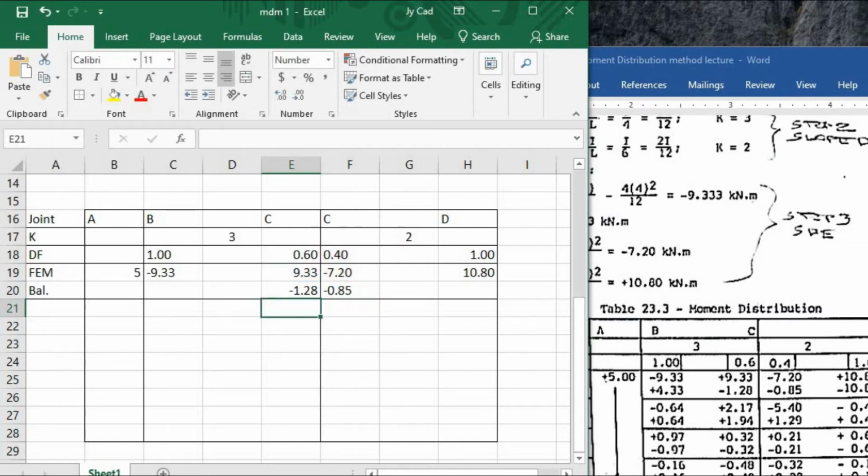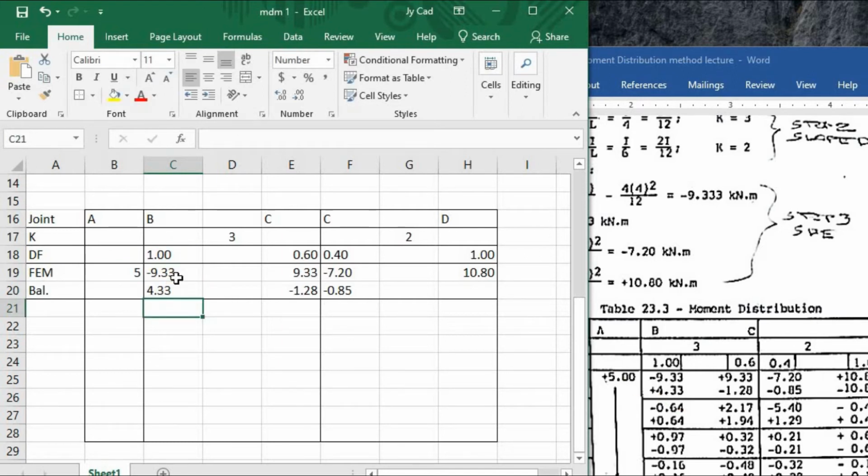Next, dito naman, that would be equal to negative times the quantity of 5 plus negative 9.33 close times distribution factor na 1. Pwede yan, 4.33.